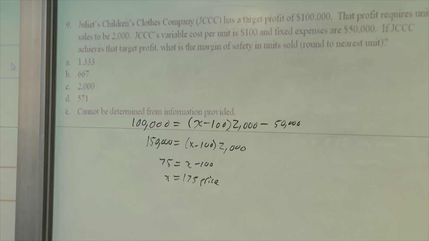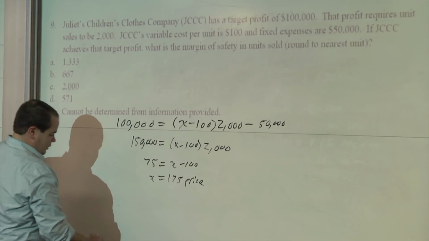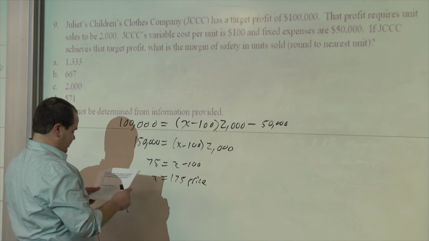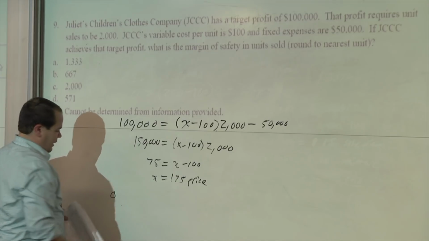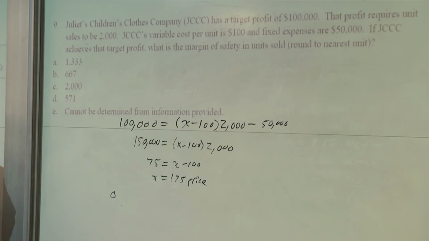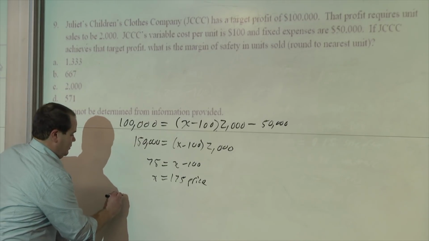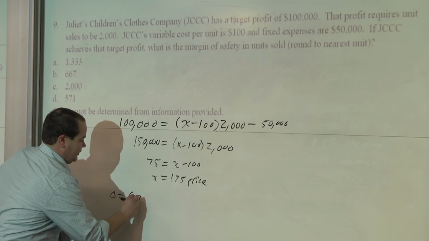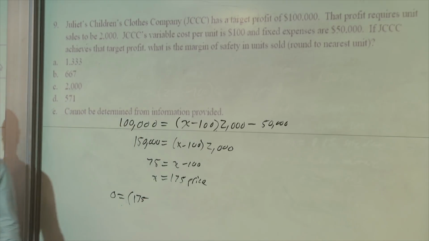All right. So margin of safety, the key thing we have to figure out is what our break even is. So at a break even, that means our profit's 0. So at break even, we know our sale price is $175.